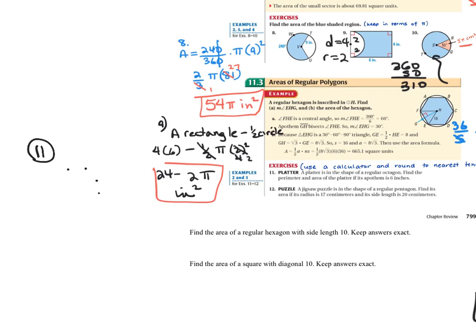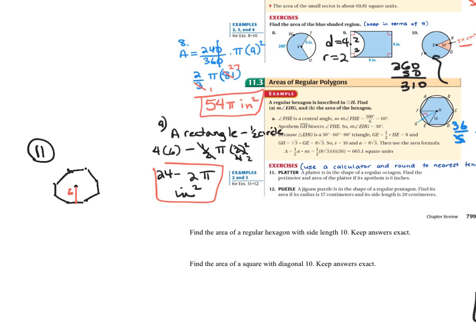Let me try to draw an octagon here: 1, 2, 3, 4, 5, 6, 7, 8. And the length of the apothem, I'll draw that down here, is 6 inches.